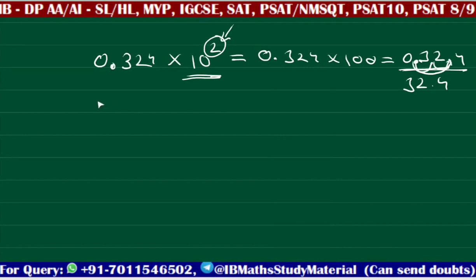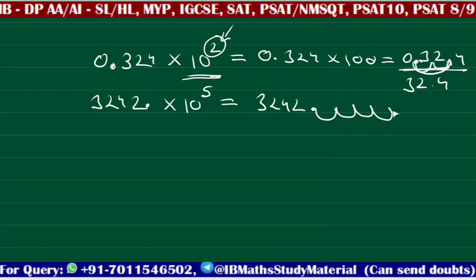Okay, I'll give you one more example. Suppose 3042 multiplied by 10 raised to the power 5. There is no decimal, so we know the decimal is at the end. So what will I do? I will shift the decimal 5 places to the right, 1, 2, 3, 4, 5, and I will place 0 in the blank places.